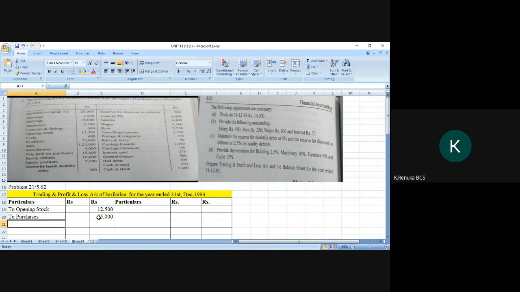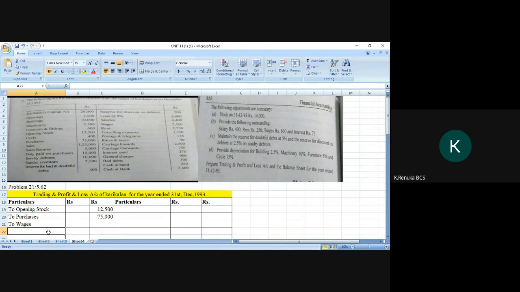Next, after purchases, we need to pay the wages for the labourers. So, to wages. Whenever you post expenses in the account, you need to check for the adjustments. So we are going to post wages. We have adjustments in the question. They have given outstanding wages of 600.